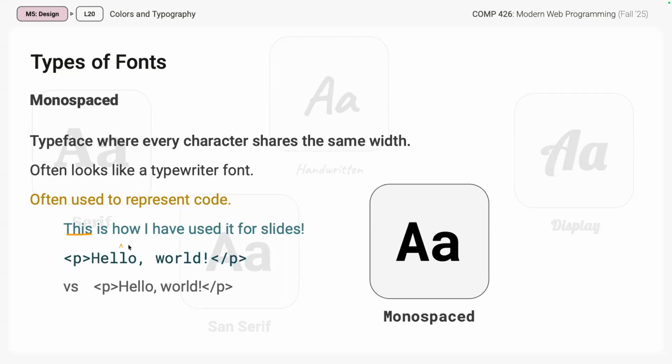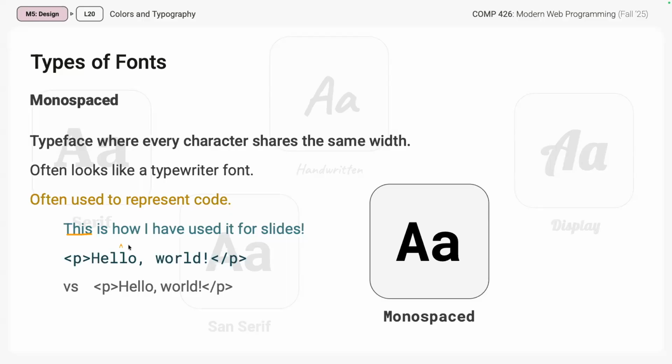The S is wider than the I, in the amount of space that it takes up. Well, with a monospace font, every single character must have the exact same width. And so you may have what appears to be slightly uneven spacing, or characters have to be adjusted to take up the same amount of space. For example, right here we have hello, where the H is very wide and the L is very narrow. But if you notice here, our H and our L have the exact same width in our monospace font.